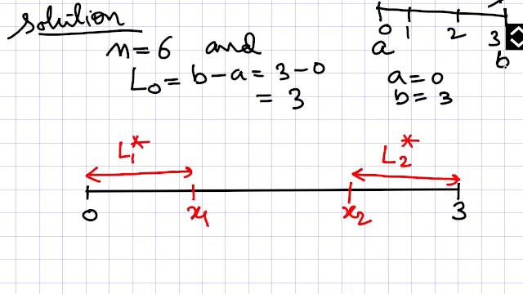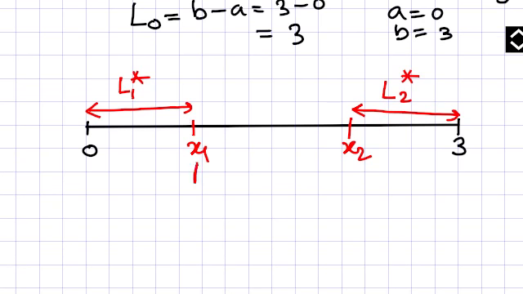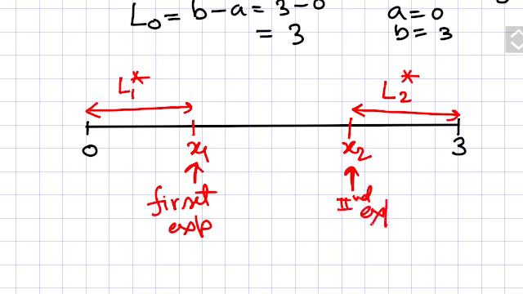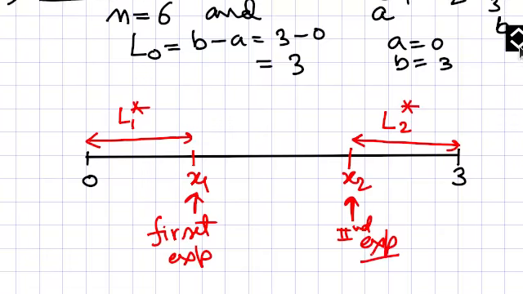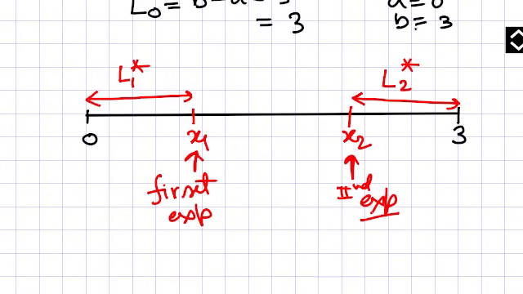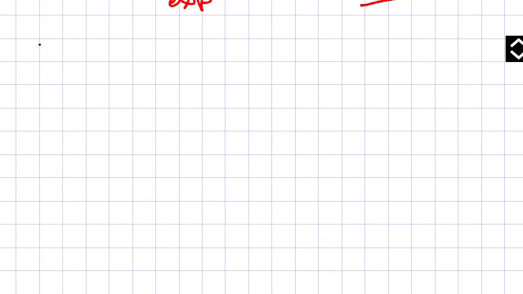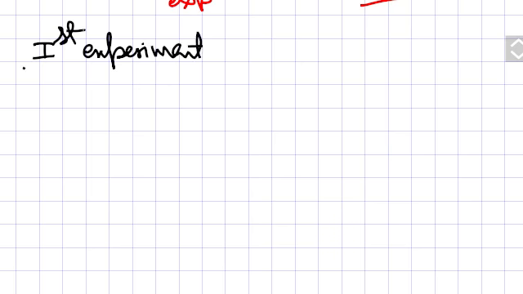When you decide this point, you will call it the first experiment or first iteration, and this is your second experiment. So I am showing you how to do the first experiment. First experiment means first iteration, first calculation you can say.